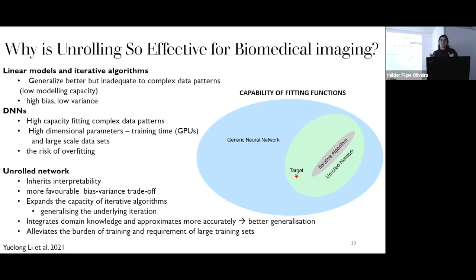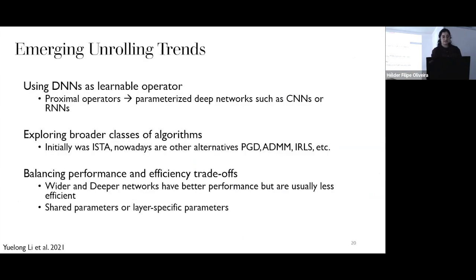So it's between the general neural network and the iterative algorithm in the capacity of fitting the function space. But because they also integrate the domain knowledge, they approximate accurately with better generalization. And then in the case of biomedical imaging, they are alleviating the burden of training and the requirement of large data sets.